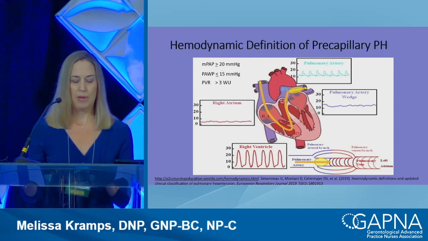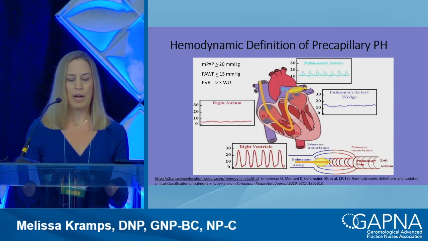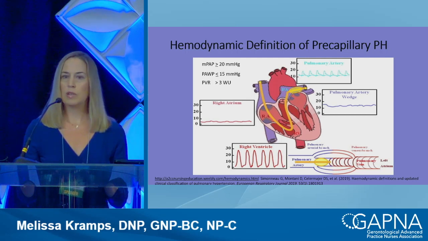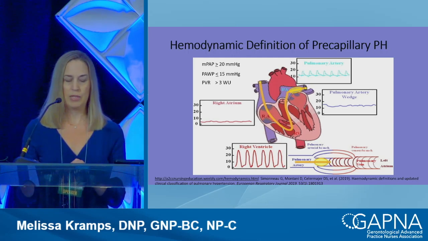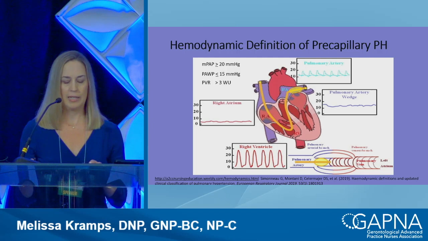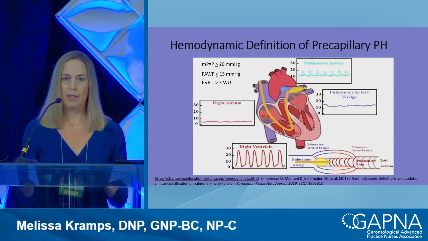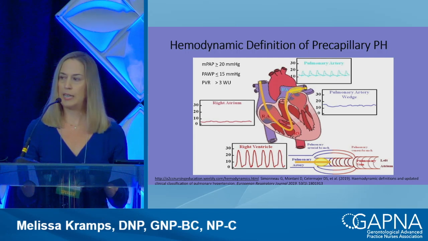The mean PAP cutoff to define pulmonary hypertension has been changed recently. The prior limit for abnormal was a mean PAP of 25. This was a conservative cutoff value. At the 2019 World Symposium, the new definition was established using a more scientific approach. It is important to note that an elevated mean PAP in isolation does not define PAH.